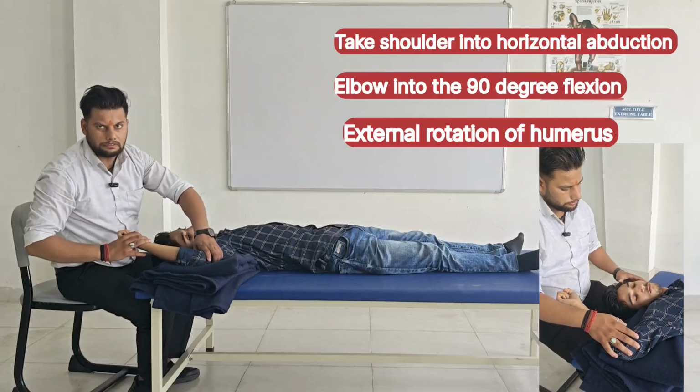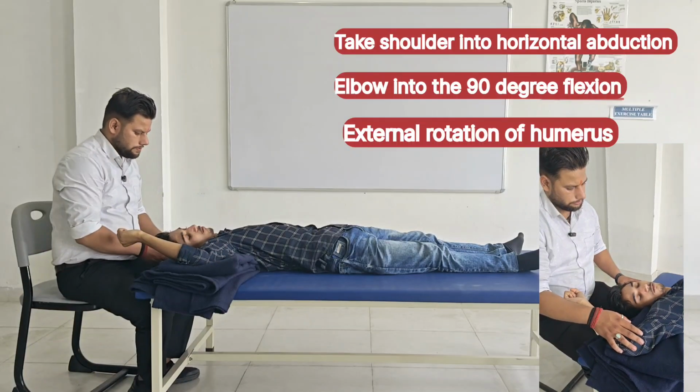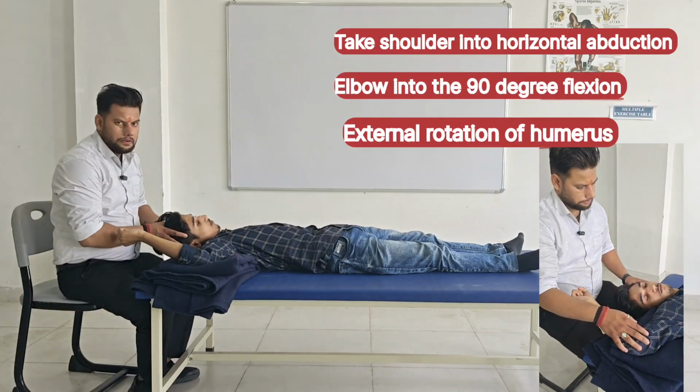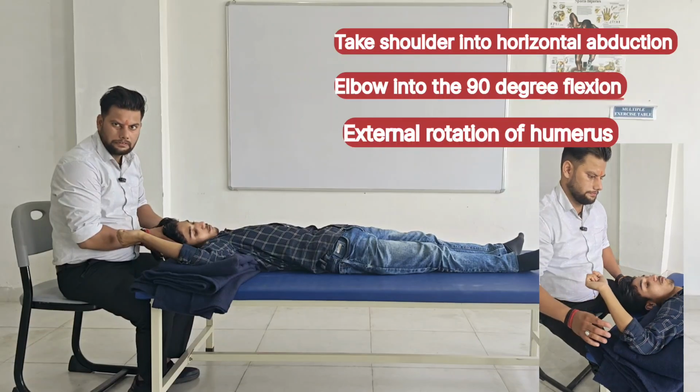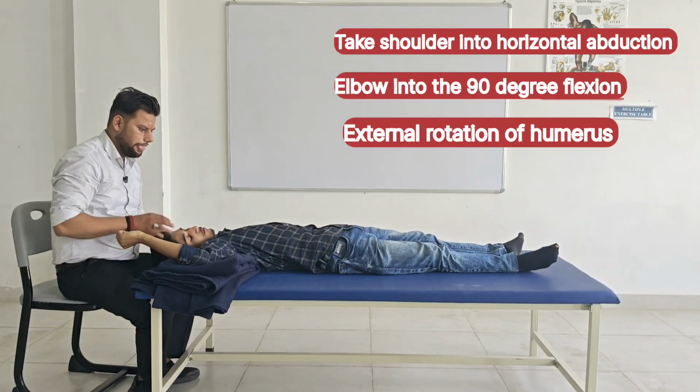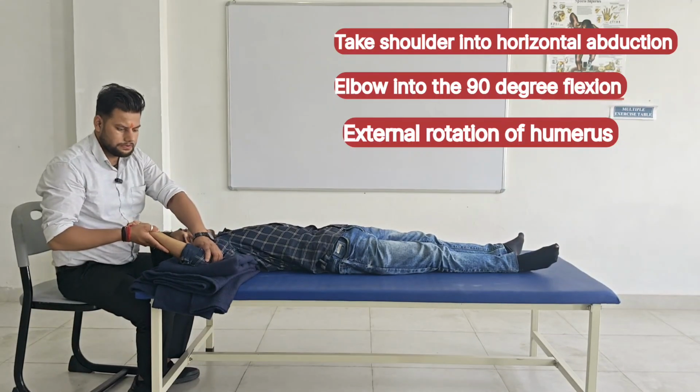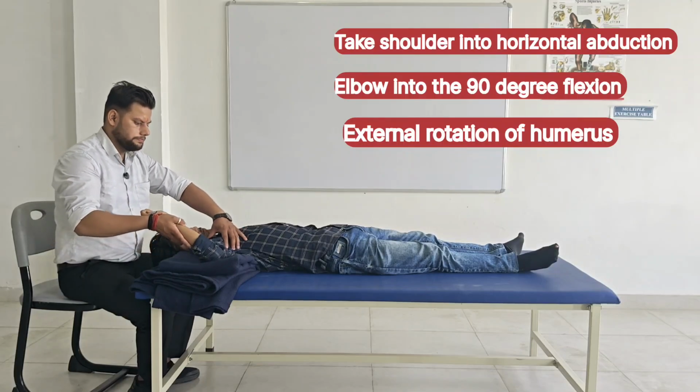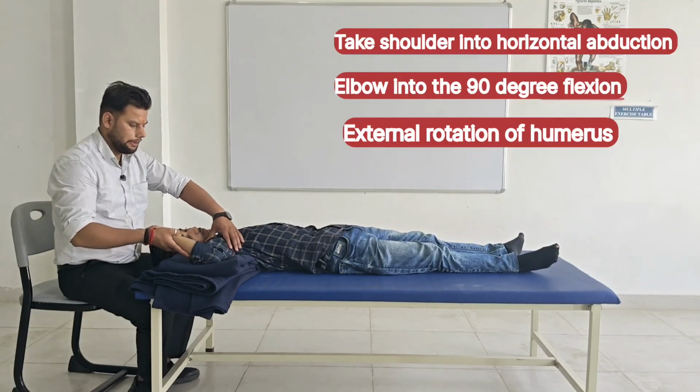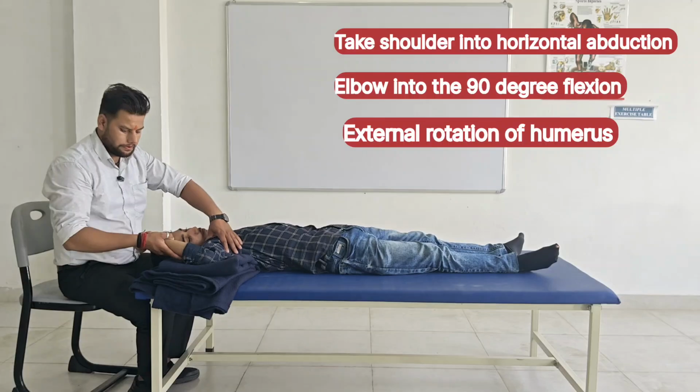So this is the preparation of the exercise. You have to laterally flex your neck and rotate the neck towards the side of the lesion, towards the side of pain. You have to flex your elbow up to 90 degrees. You have to externally rotate your humerus and abduct the shoulder joint.